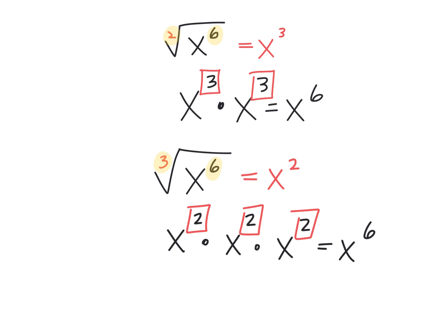I would like to know, what's the shortcut? How do you do this quicker? How do you get my answer to the root faster? We don't want to write this out every time. That would be obnoxious. So what's the fast way to get your answer to a root that has a variable? What do I do with my exponent inside and the index on the outside? I'm looking for one word.